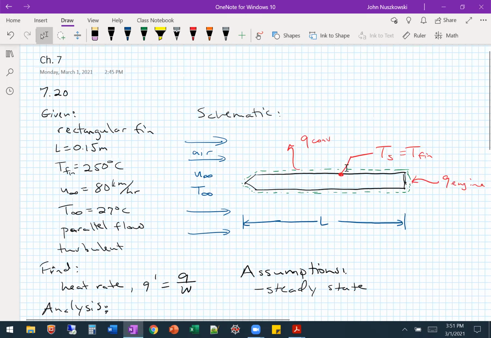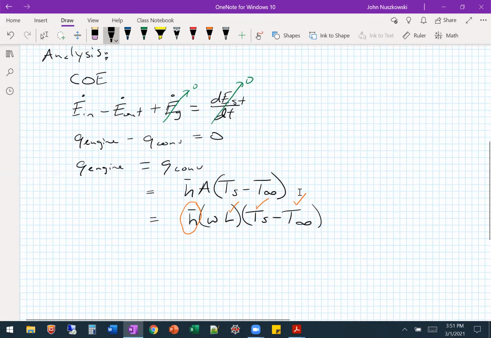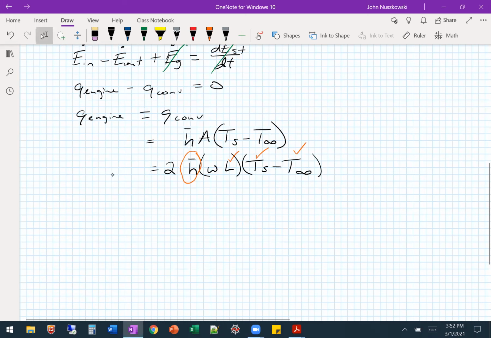Am I cooling one side of the fin or two sides? Both. Yeah, so that's a common mistake I would see, forgetting this 2 in the front. Okay, so there's 2 widths times the length. Okay. And then the width, we go back to what we're originally trying to solve. Right here, it's per unit width, right?